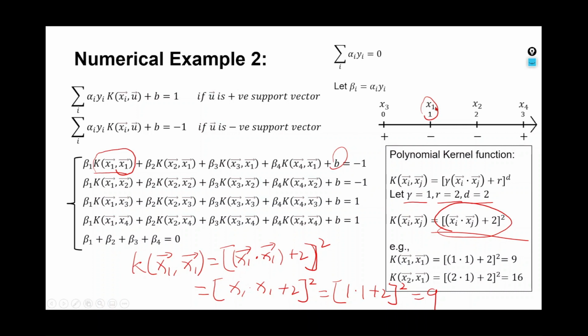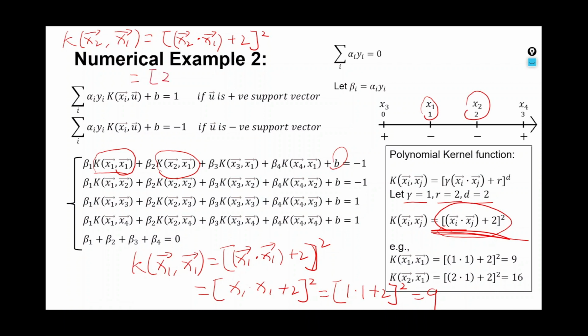Then let's take one more, maybe k(x2, x1). Let me write it down over here. Following this formula, it's x2 dot x1 plus 2 squared. What is x2? x2 is 2.